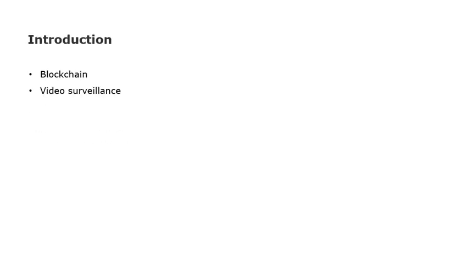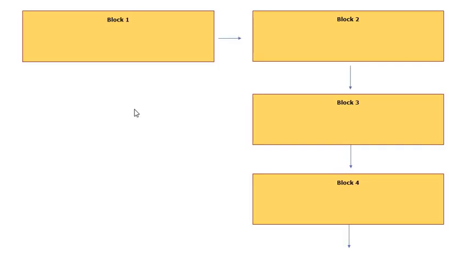Okay, so let's get started with the first term here, which is blockchain. As the name itself indicates, it's a chain of multiple blocks. It's a kind of new data structure that you can think of at this moment. Later on, when you attend the formal classes, you will get a more detailed explanation.